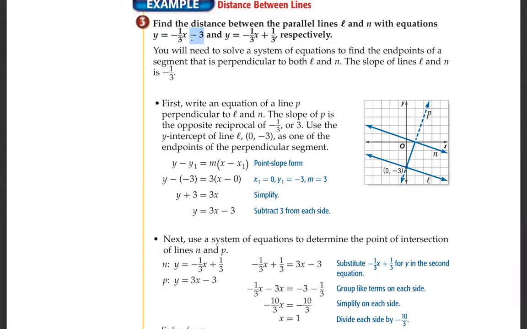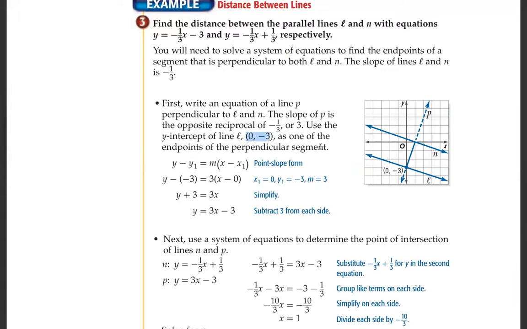So looking at the equation itself, you can identify the slope and another point of the equation, which is the y-intercept. The y-intercept is an ordered pair wherein your x is 0 and your y coordinate is the given y-intercept. That's why it's (0, negative 3).